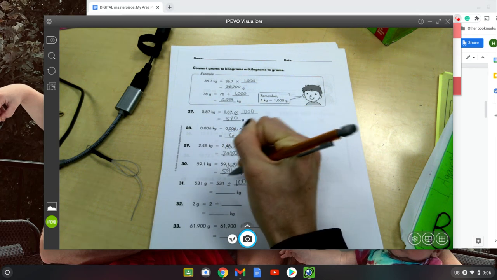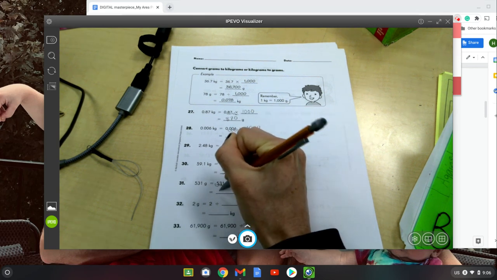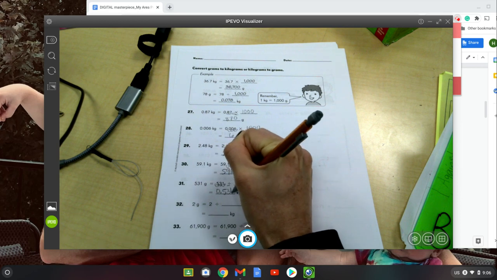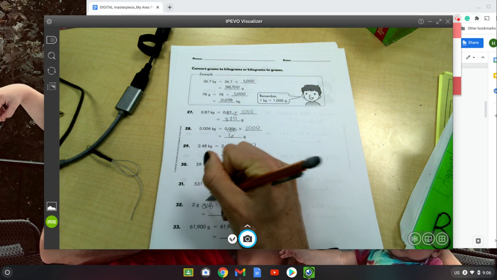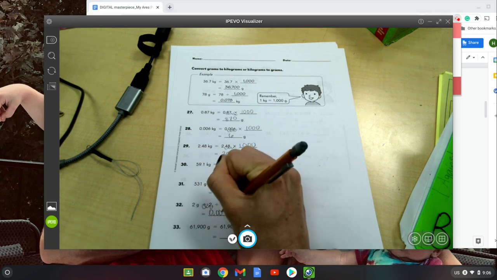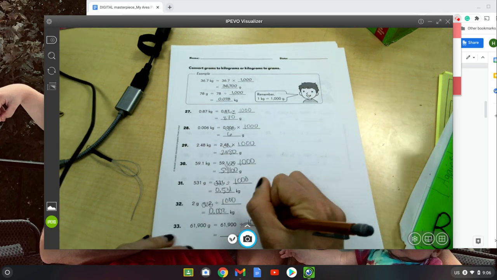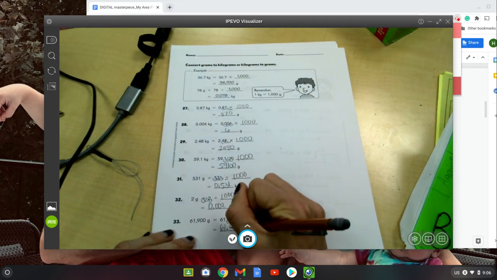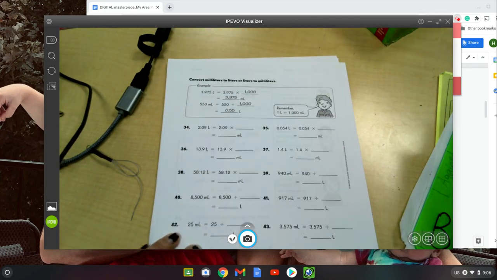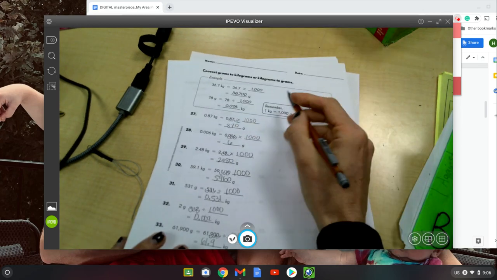Divide by 1,000. Now I'm going the other way, 1, 2, 3. Divide by 1,000, going the other way, add in my zeros. Divide by 1,000, 1, 2, 3. All right, and that was kilograms to grams.